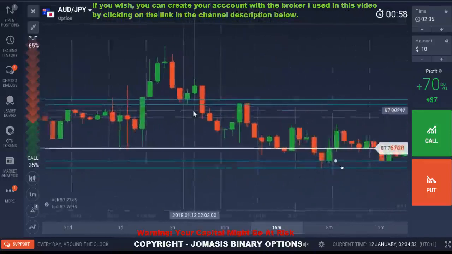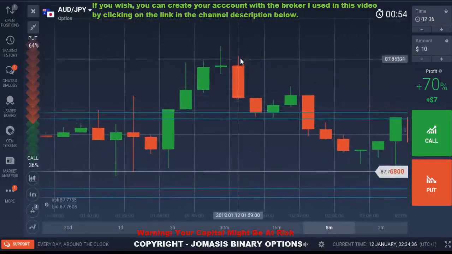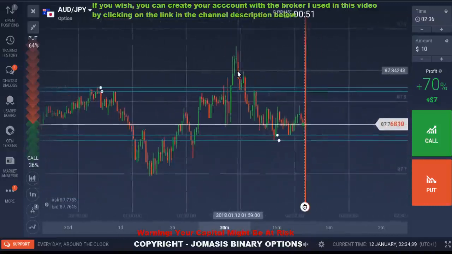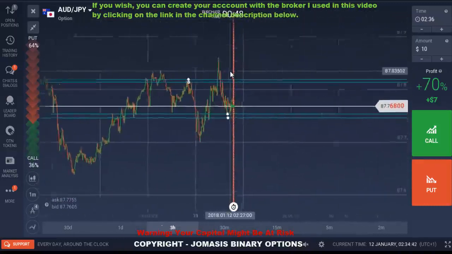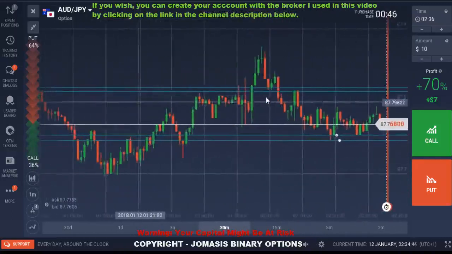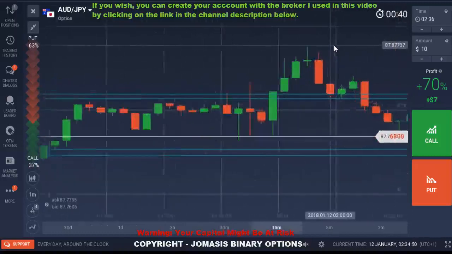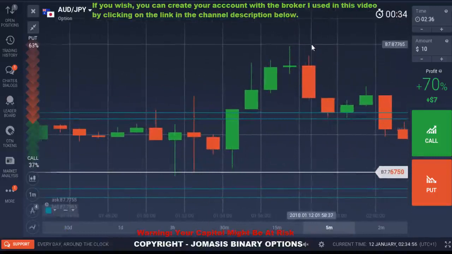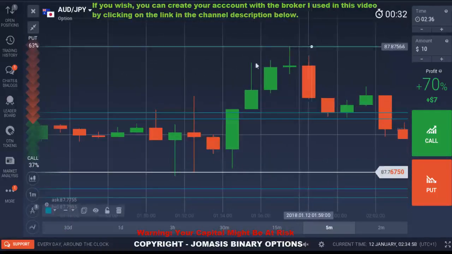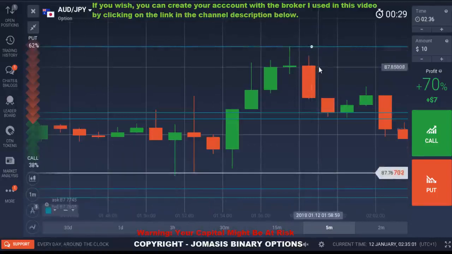That's what we call strong levels. For instance, when you see this level, we can call this one an extreme level, because this is the highest level this market could reach before it reversed.